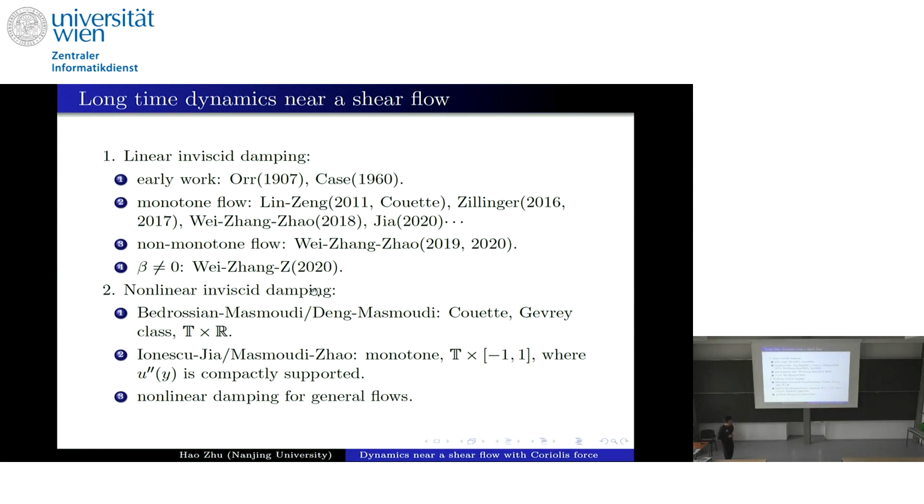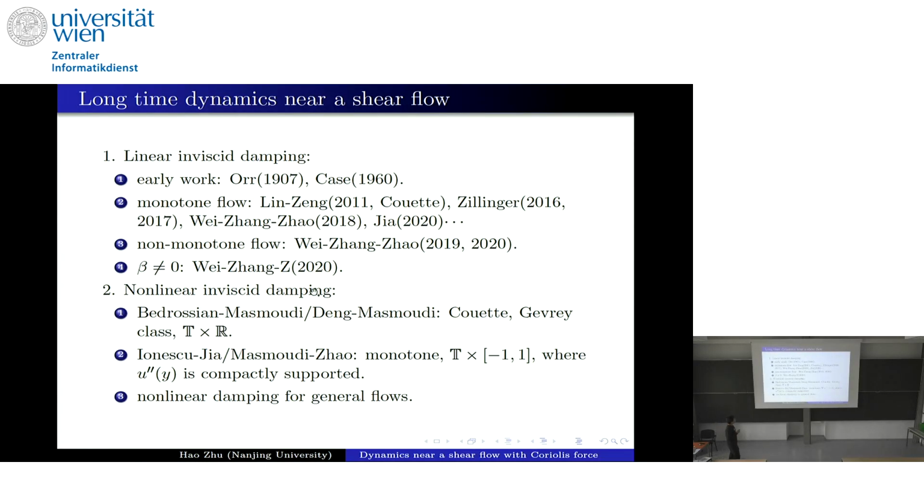So the next part, we mainly talk about the long-term dynamics near a shear flow. For the long-term dynamics near a shear flow, we recall that it is important to see if there is some non-shear steady state or non-shear traveling wave near the shear flow. In some early work, Hao and Keith proved the linear inviscid damping.